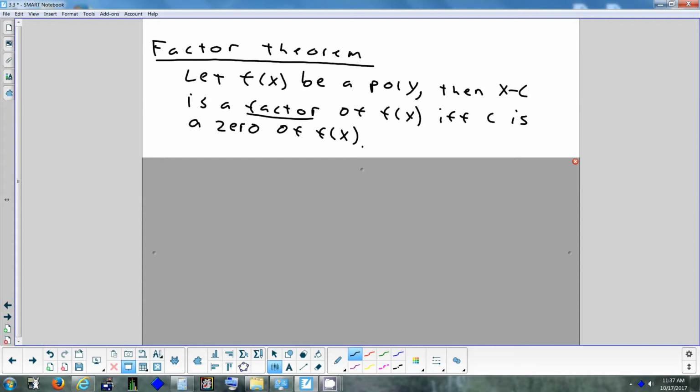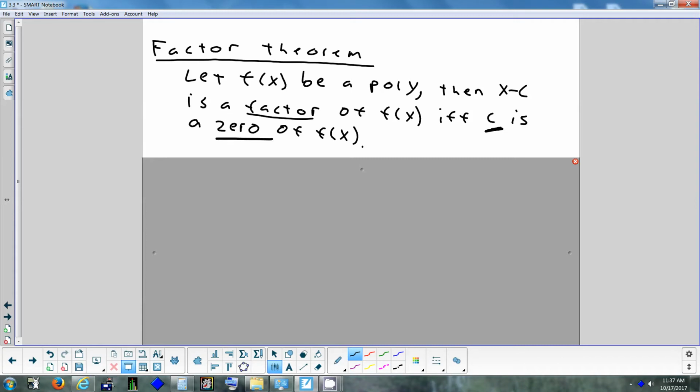That's the factor theorem. So the only way that x minus c could ever be a factor is if the number after the minus sign basically results in a remainder of 0. Okay, that's what that's saying.